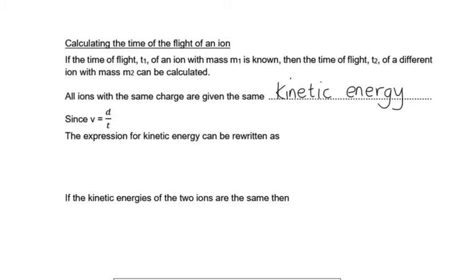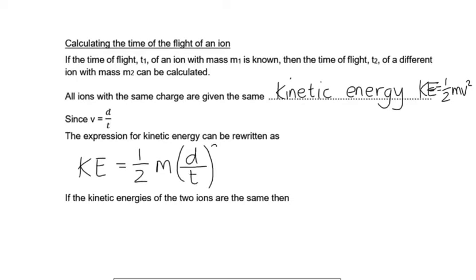Since kinetic energy is a half mv squared, and velocity is distance over time, we could rewrite the kinetic energy expression as kinetic energy is a half m, and then v squared becomes (d over t) squared. If you want to expand that bracket, that's the same as a half m d squared over t squared.